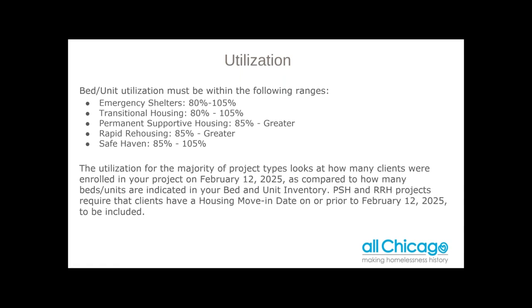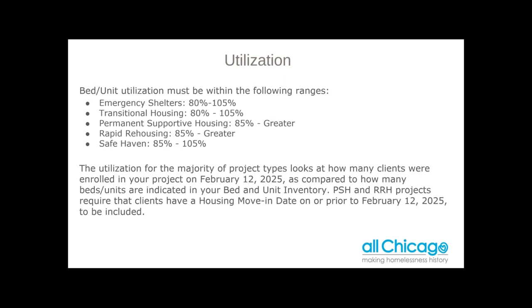When it comes to permanent supportive housing and rapid rehousing, those projects require that clients have a housing move-in date on or prior to February 12th to be included. So if a client doesn't have a housing move-in date, so the value is null, if the housing move-in date is after February 12th, 2025, or if the housing move-in date is before the client's project start date, then they're not going to be included.